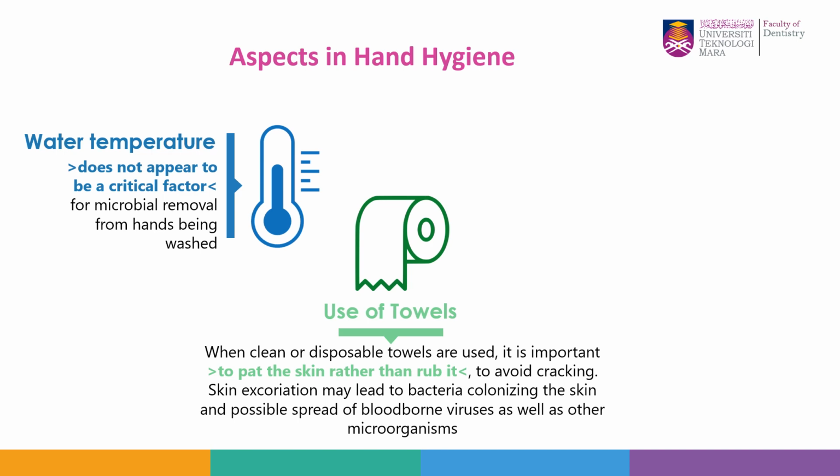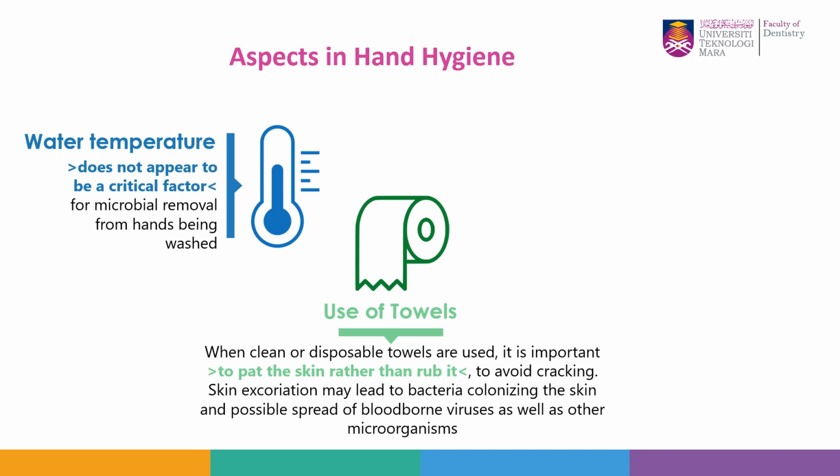So there would be skin excoriation, and there would be some bacteria colonizing on the skin, and there would be possible spread of blood-borne viruses as well as other microorganisms. So pat with your dry towels rather than rub. All right, if you rub it, it would induce more skin excoriation.